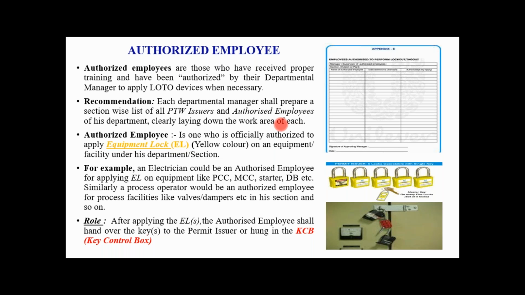Then you have to mention that for these permit to work systems, these are the authorized employees for this type of activity. Suppose someone is an expert in confined spaces, like oxygen deficient atmosphere or oxygen rich atmosphere, then that person's name with designation and contact number should be displayed on the notice board, saying this person is an authorized employee for these LOTO systems or for these permit to work systems for this type of activity.